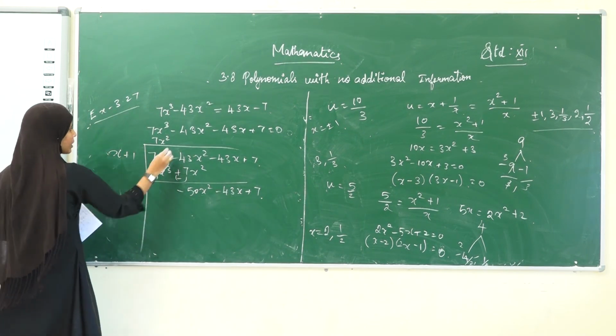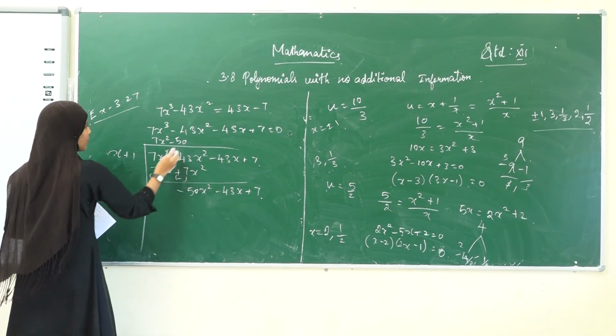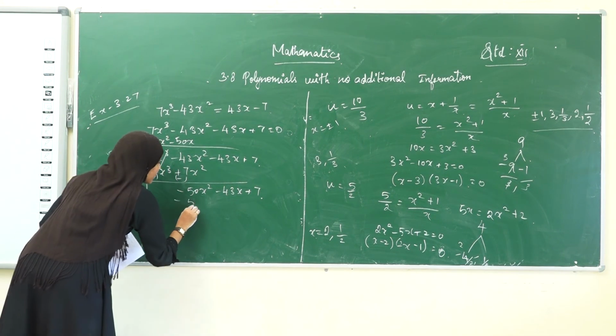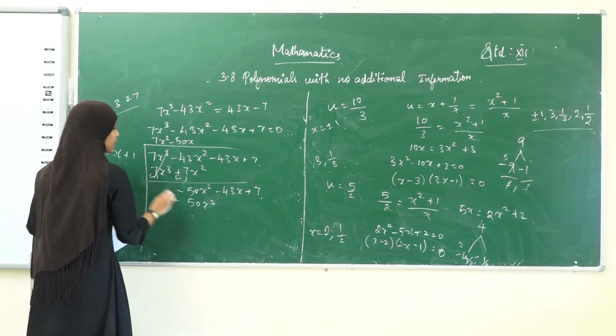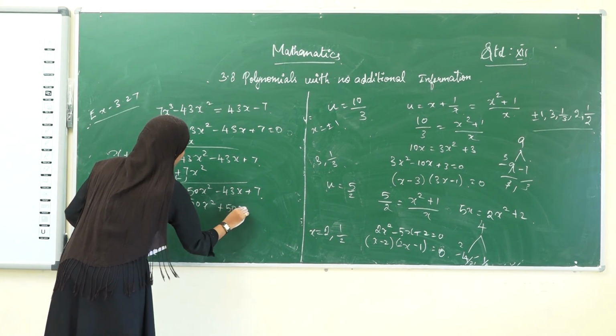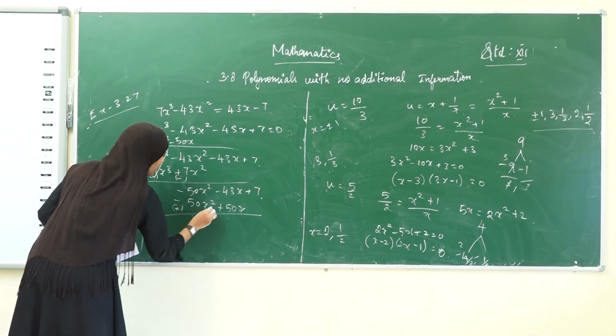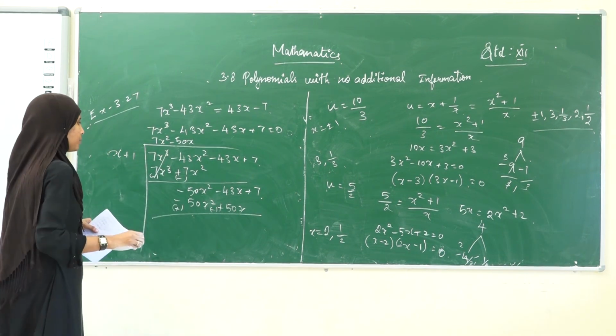See this first term. So here it comes minus 50x². See here it is minus, here it is plus, therefore plus 50. Change this symbol again.